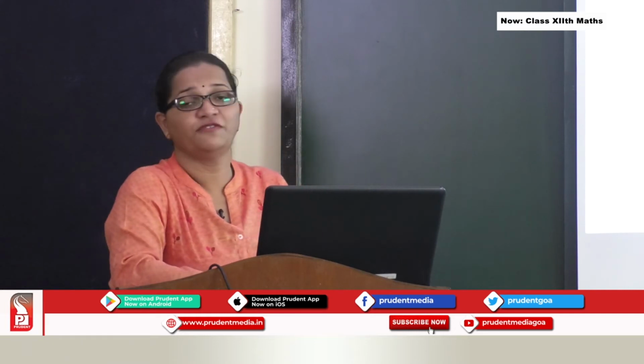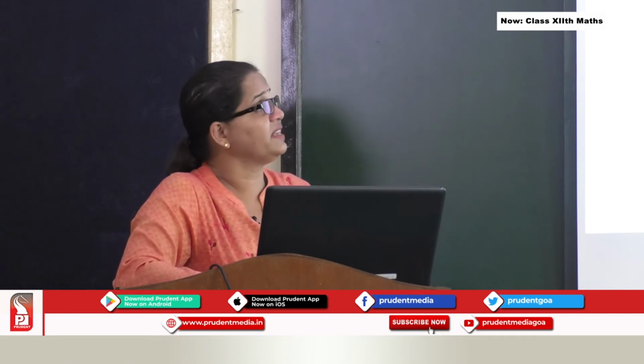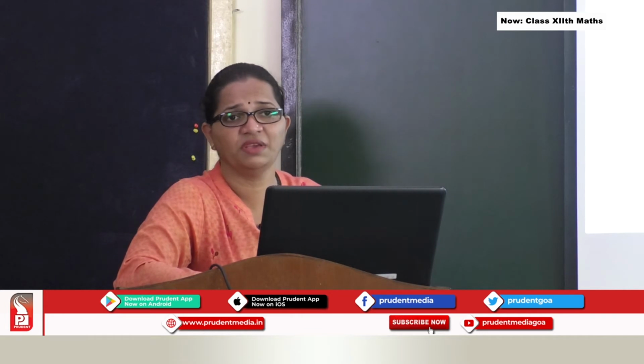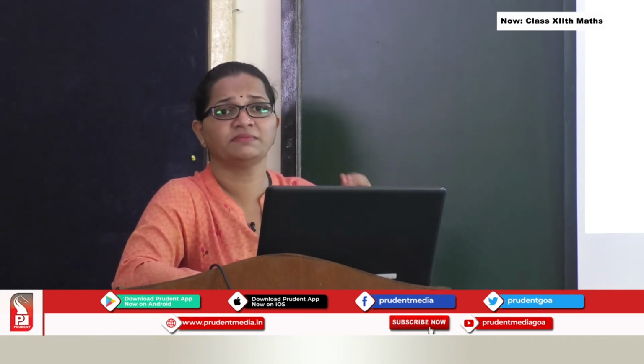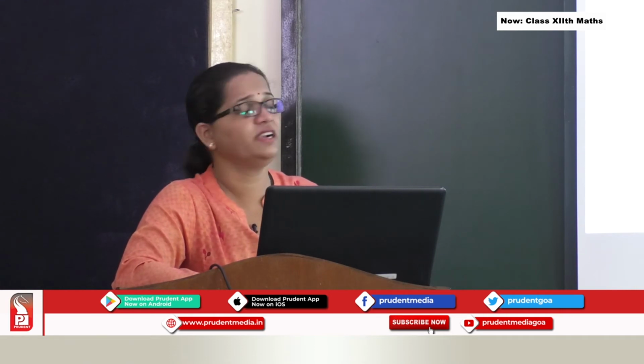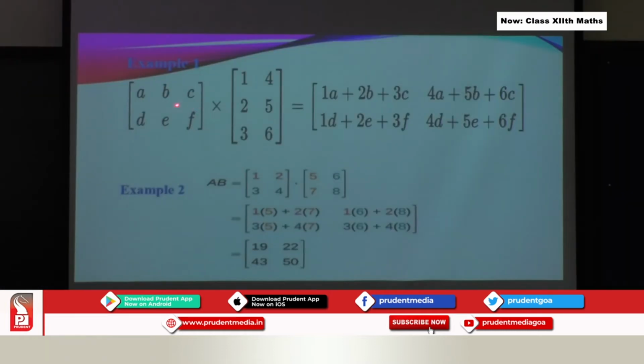First of all, I must check whether the given matrices are conformable or not. What does it mean? Whether matrix multiplication is possible or not. How to find out? Let us look at the order of these two matrices. What is the order of this matrix? It is 2 by 3, perfectly fine. What is the order of this matrix?